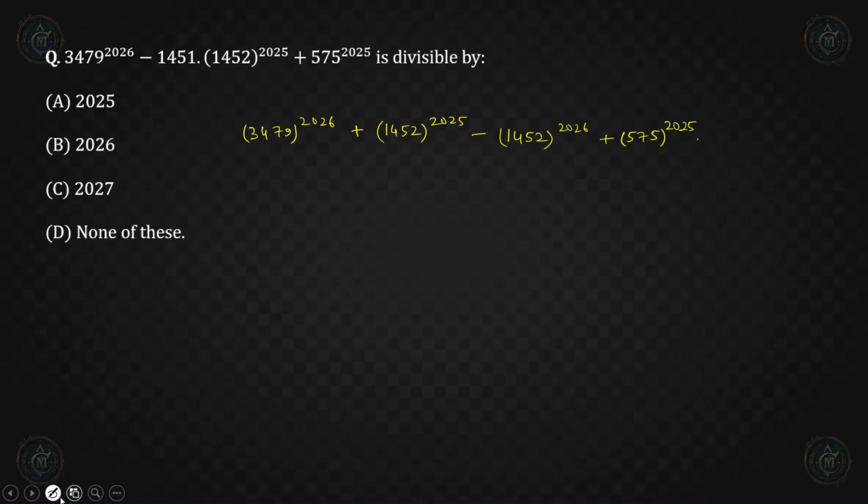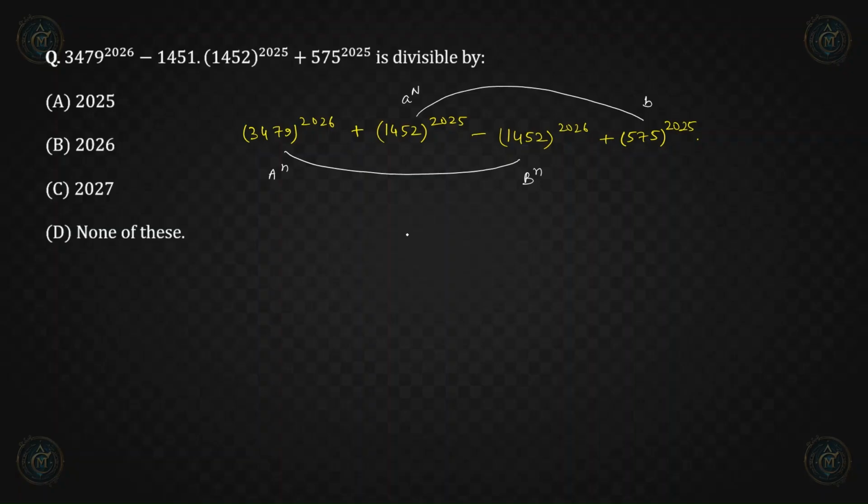Now what we have to do next, we have to club these terms, because they contain the same power 2026 and 2026. So we can club this. If we call this, let's say, a to the power n here, this is nothing but b to the power n. And also we can club this too.